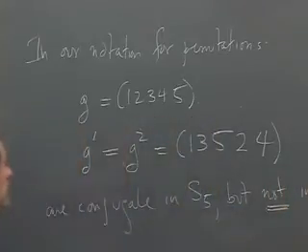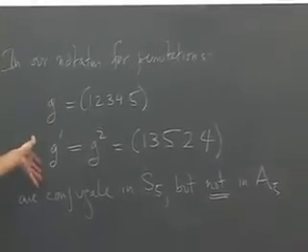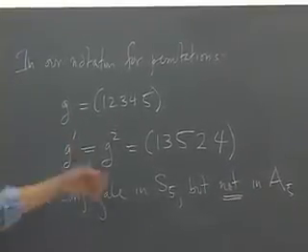And those represent the two different conjugacy classes of order 5 in the group of the icosahedron.